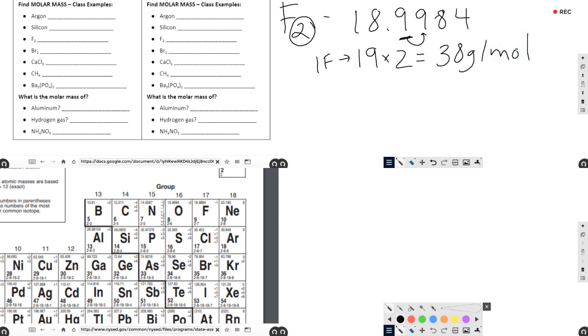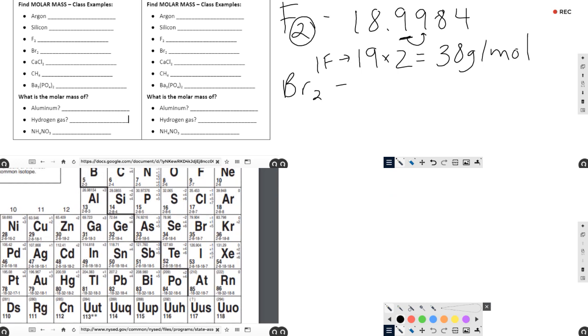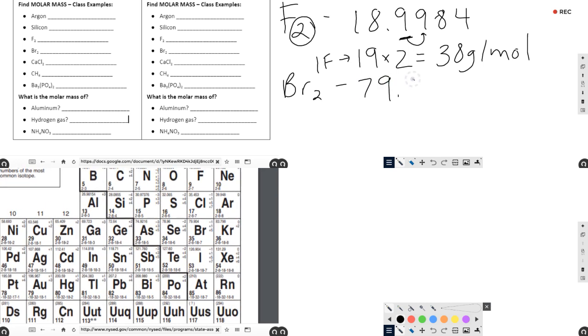All right, so Br2, same concept, right? Br2, always a subscript. Okay, so I need to look up Br on the periodic table. And here we go. We got 79.904. Okay, well, I round to tenths. Look here, so it's going to be 79.9.